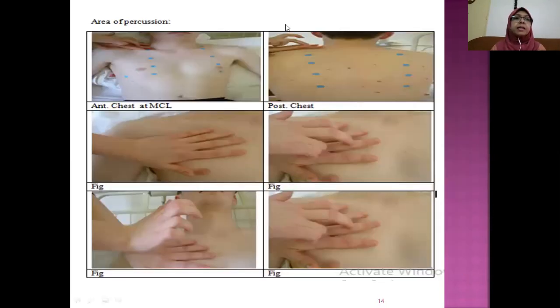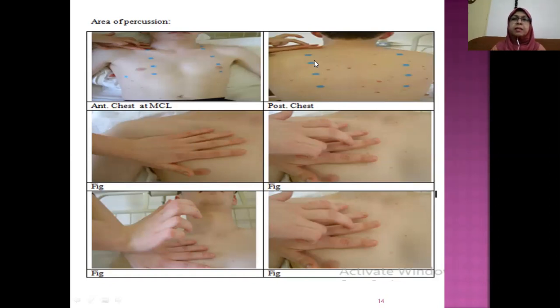You have to do the percussion on the mid-clavicular line, with the middle finger of your left hand as the pleximeter, and percuss with the middle finger of the right hand, with the movement at the wrist joint.